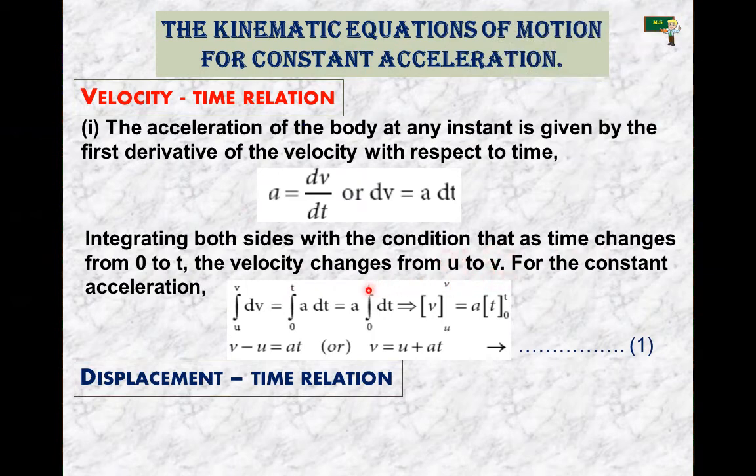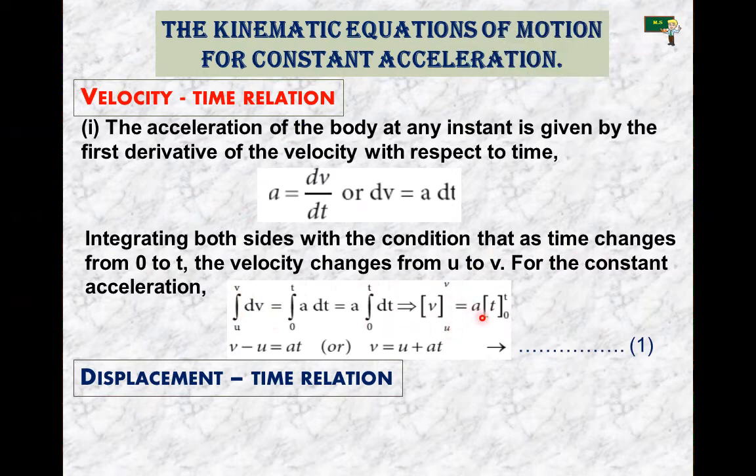For constant acceleration, the integration from u to v of dv is equal to the integration from 0 to t of a dt. We take a out of the integration, so we have only dt, and integrating dv we get v, evaluated between the two values u and v.